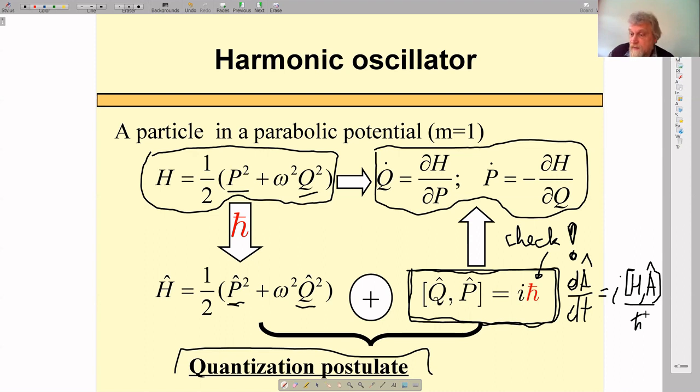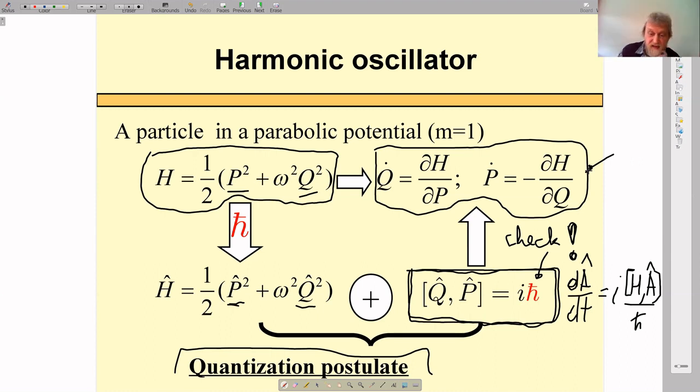So that's the way to derive the quantum equation for operators. Then one just compares with classical equations for numbers. And if there's a consistency, then it's fine. We reproduce everything correctly. We have built the quantum mechanical description of the harmonic oscillator.